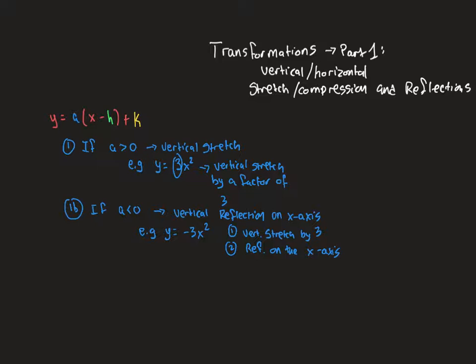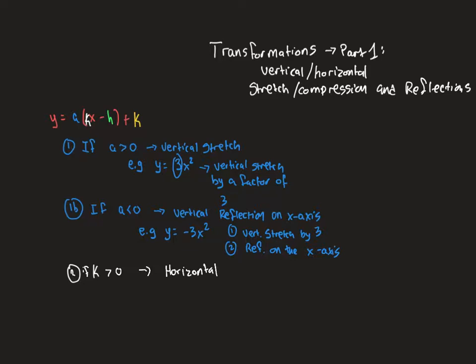Okay? That's what I mean that you can have two different transformations just from a. Okay? Next up, oh, I just realized I forgot the letter here, so let's put here k. So you have your k. Now, if k is greater than 0, here's where we differ. k is a number that's multiplying with the x directly, it's affecting the x directly, and because of that, it's not vertical anymore, it's horizontal.